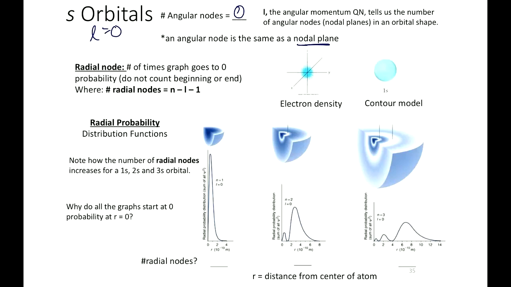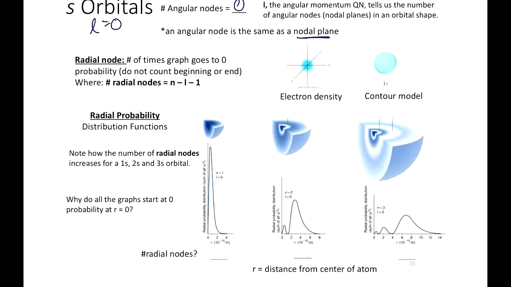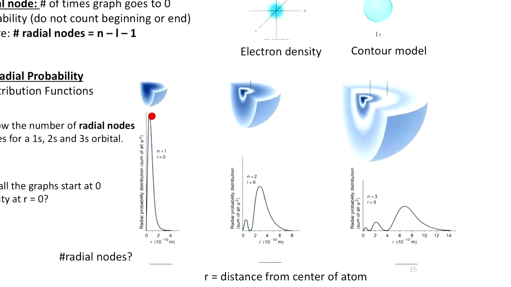Usually when we talk about electron shapes or where to find electrons, we show these contour models showing, hey, you can find this electron in this space. Another way we can talk about finding electron density is radial probability function graphs, where when the graph is high, you have a high probability of finding electron density.